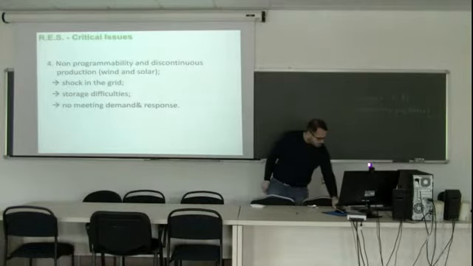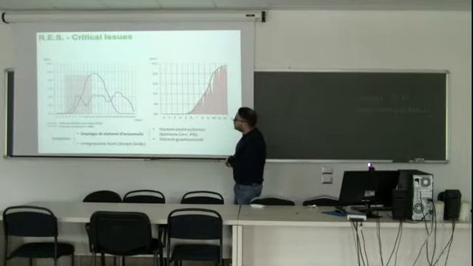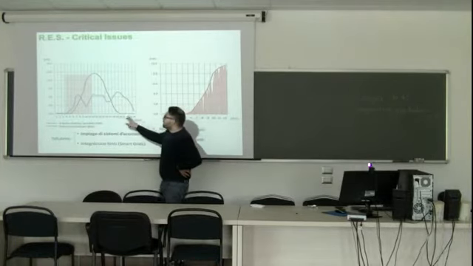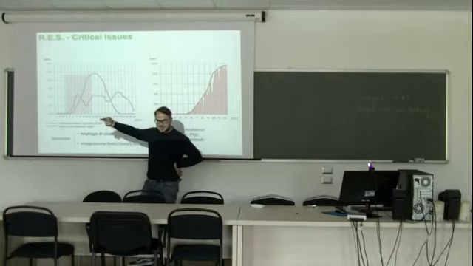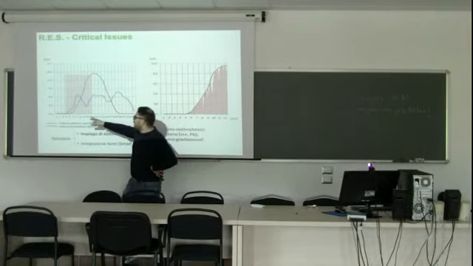I give you an example. The red line is the photovoltaic production, PV production. It is like a Gaussian shape line. The maximum production is around 12-13 hours in the day, okay?